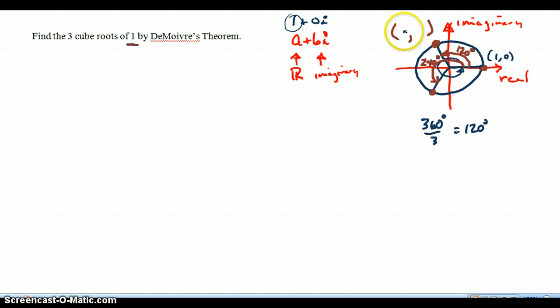The cosine of 120 degrees, what is that? The cosine of 60 degrees is 1/2, but I'm in the second quadrant, so this is going to be negative 1/2.